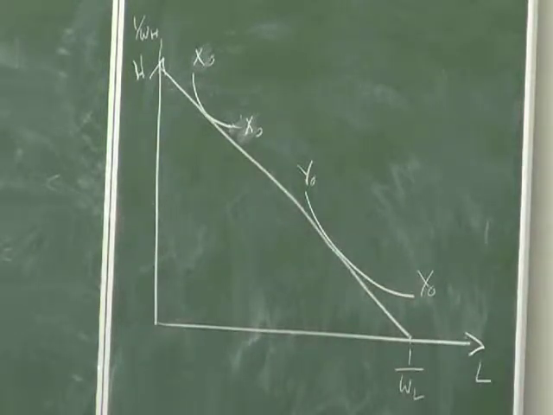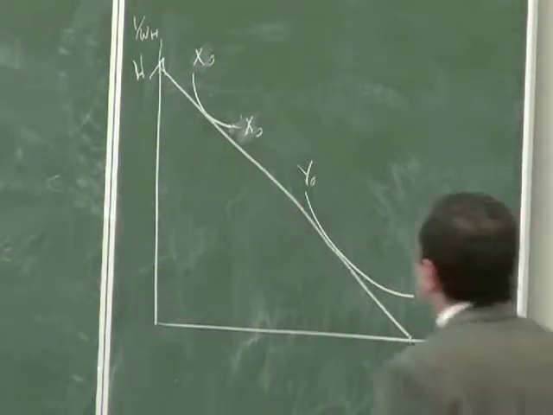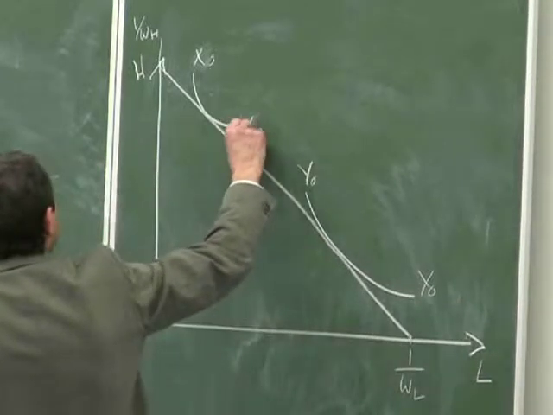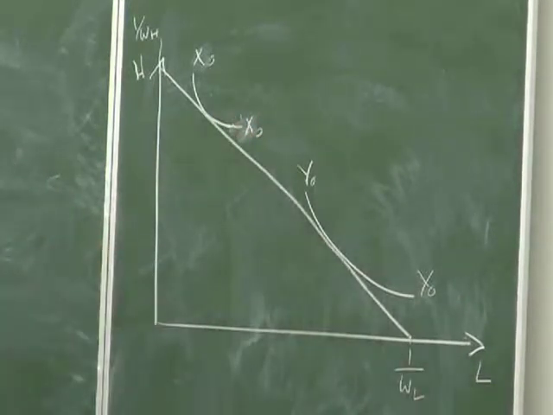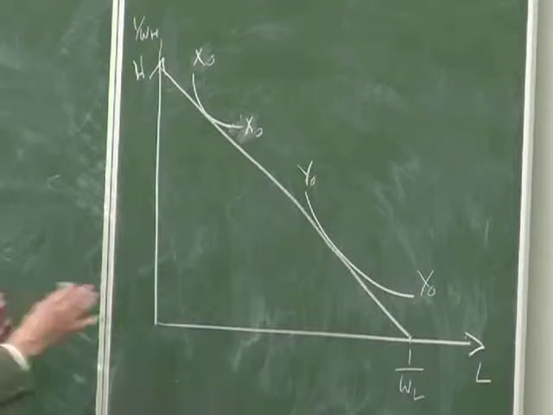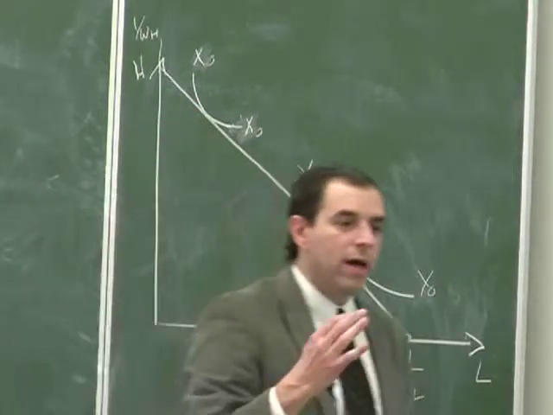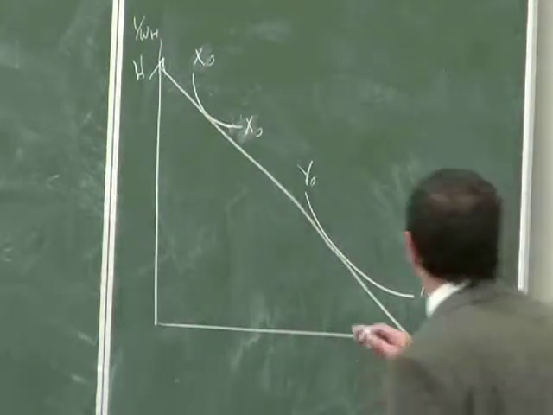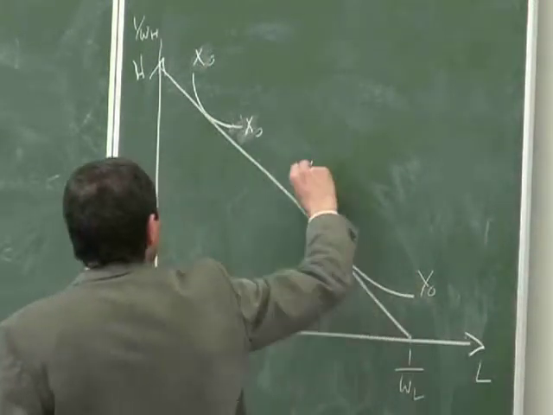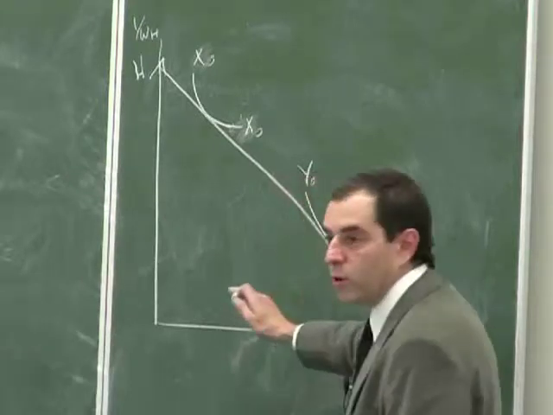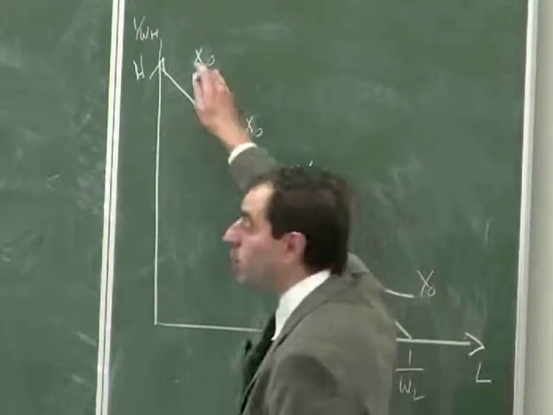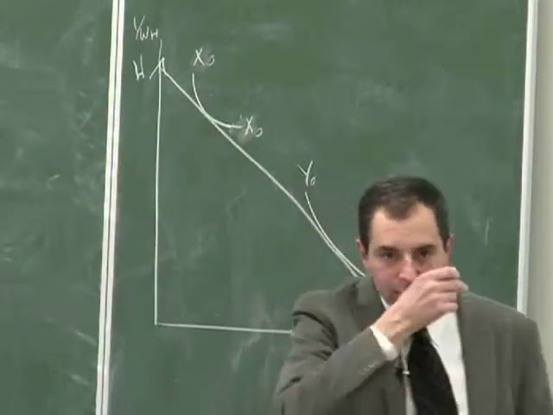Normally, when we thought about trade between countries, you might think of it as shifting these curves. Something that raised the price of the low skill good would move this towards the origin. Something that raised the price of the high skill good would move this towards the origin.